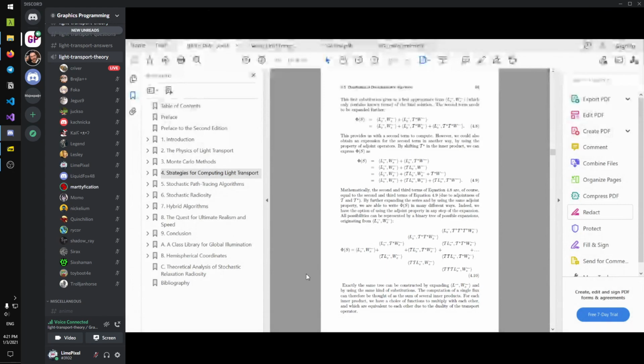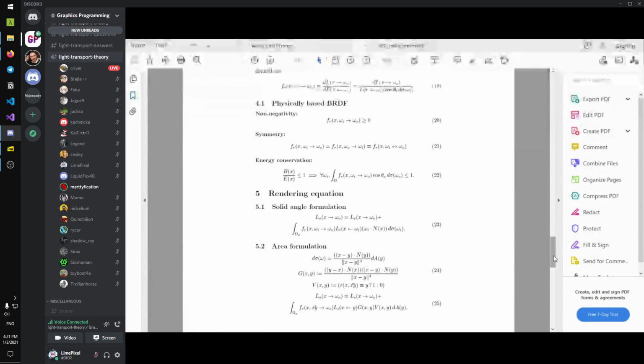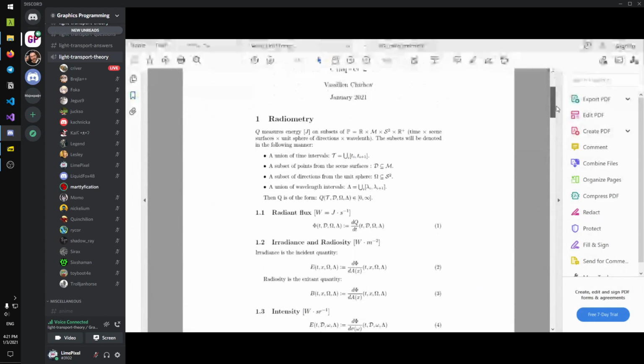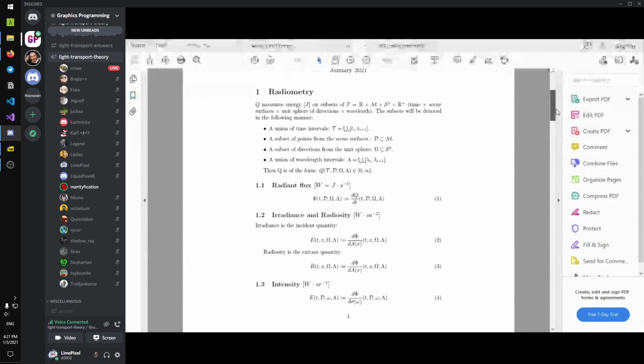I have a question. In the very first part, when we pick points from the scene surfaces, does this always work, or do you have to introduce some more elaborate way of doing this? Because I saw it's slightly different in Veach's thesis. What are we talking about currently? What's the very first part?